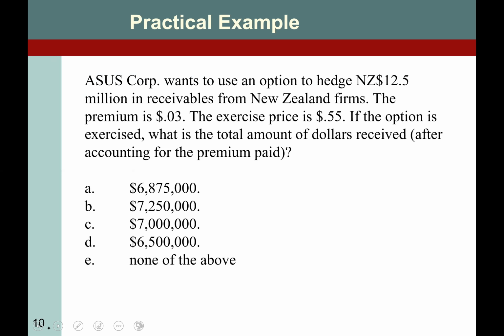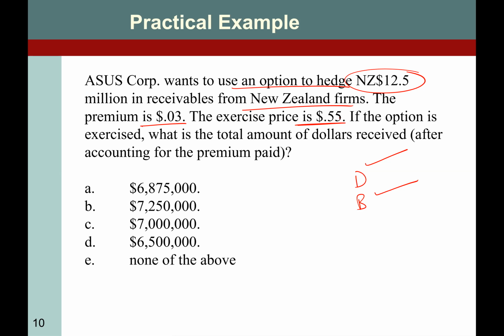ASUS Corporation wants to use an option to hedge 12.5 million in receivables from New Zealand. The premium is $0.03. The exercise price is $0.55.